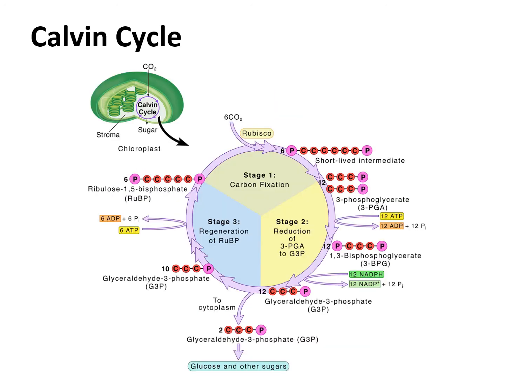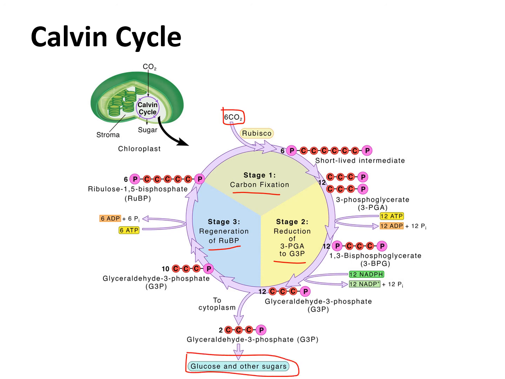This is a more detailed diagram of the Calvin cycle, and it shows the three different steps, which are called carbon fixation, reduction of carbon dioxide, and regeneration of RuBP. And remember, the overall process of the Calvin cycle is to take this carbon dioxide and create glucose.